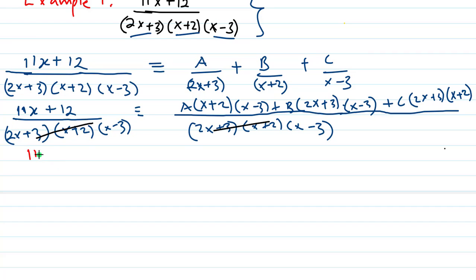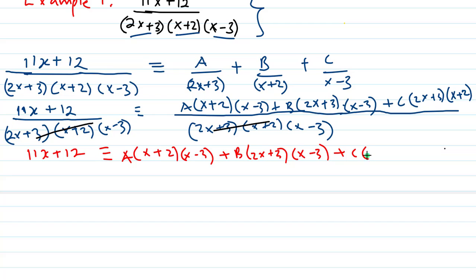So I have 11x plus 12 equivalent to A into x plus 2, x minus 3, plus B into 2x plus 3, x minus 3, plus C into 2x plus 3, x plus 2.